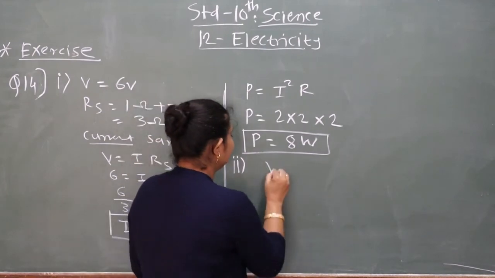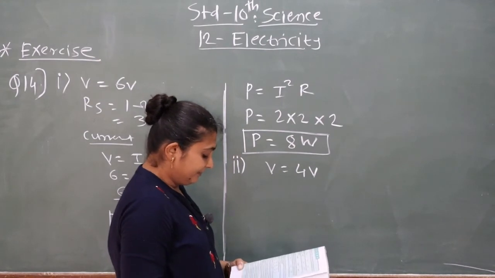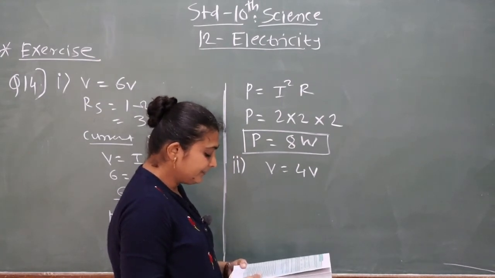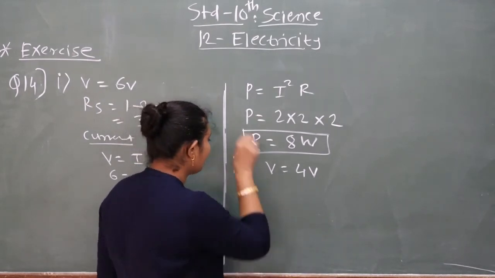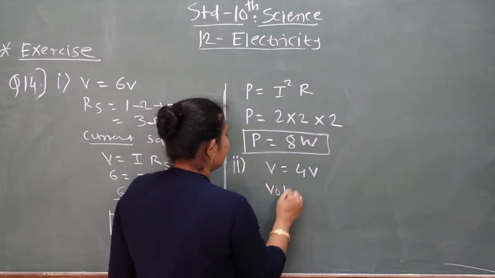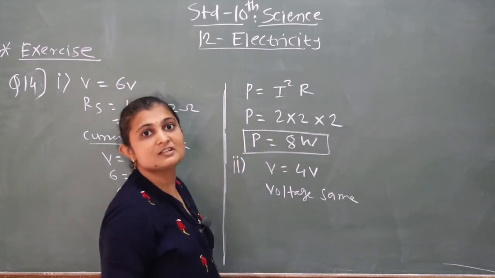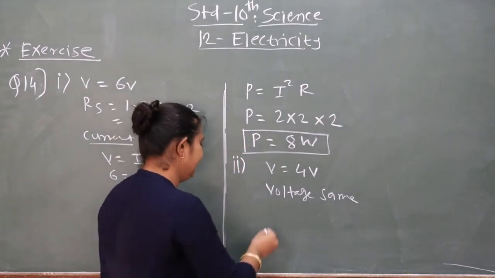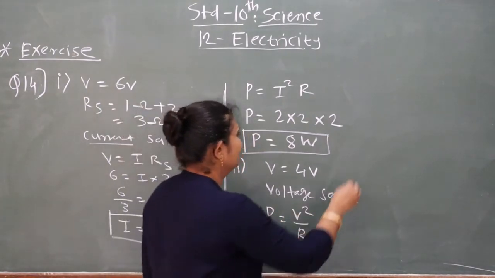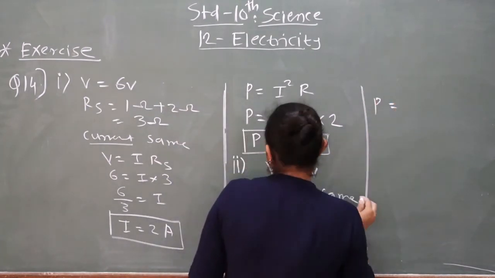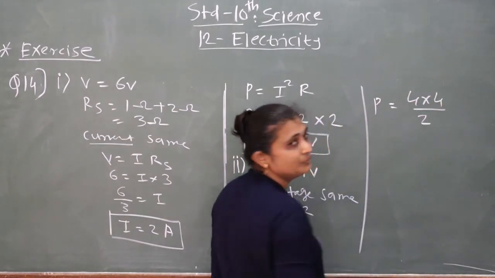For the second one, V is equal to 4 volt, parallel with the 12 ohm and 2 ohm resistors. Voltage is the same, so we have to use the formula of power in terms of V. P is equal to V square upon R. P is equal to V square, 4 into 4, and R is equal to, take 2 ohm.